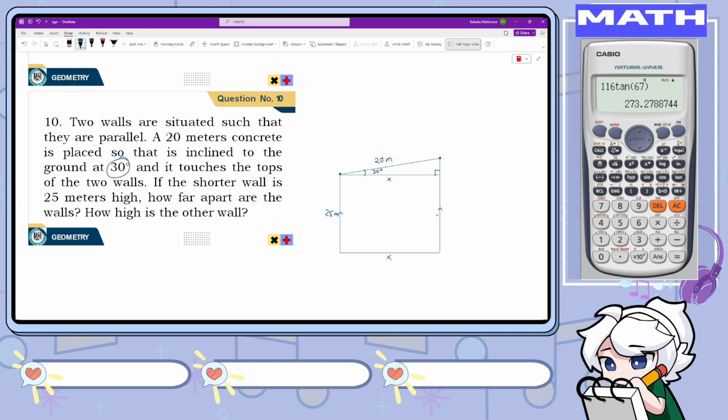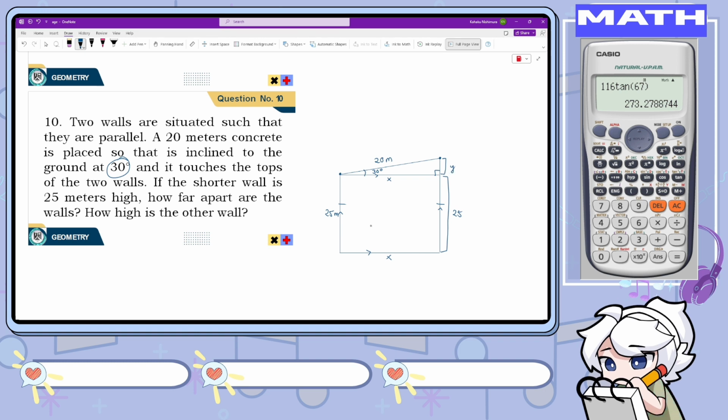Since these two are parallel, these two are also parallel, so we can form a parallelogram wherein opposite sides are congruent. Thus, this part here is 25. But we don't know yet the other answer, because we are answering two things: how far apart the walls are and how high the other wall is. Because we only have 25, we don't know this one yet. Let's set this as y.